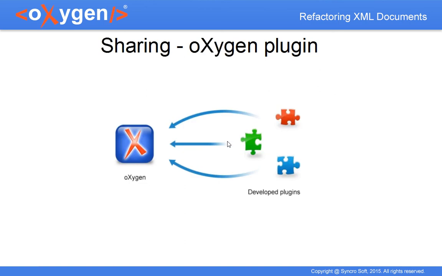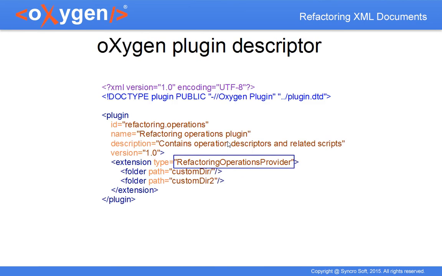Another oXygen concept is the plugin. A plugin represents a software component designed to add extended functionality by using a series of extension points provided by oXygen. We've created a new type of plugin that basically contributes XML refactoring operations.